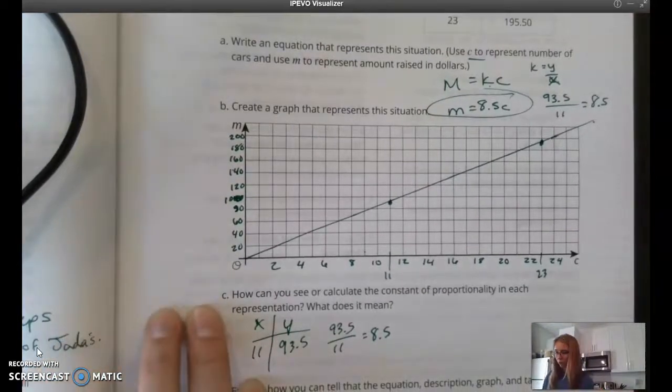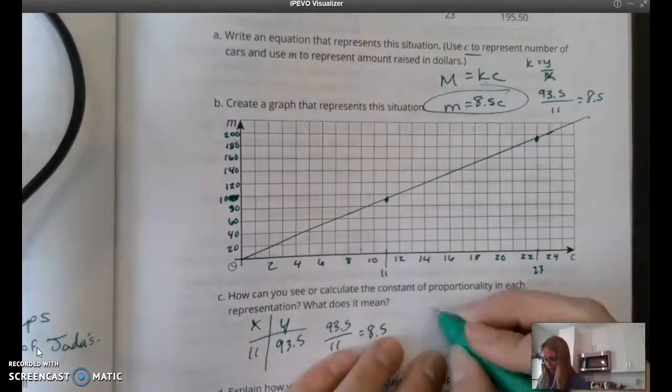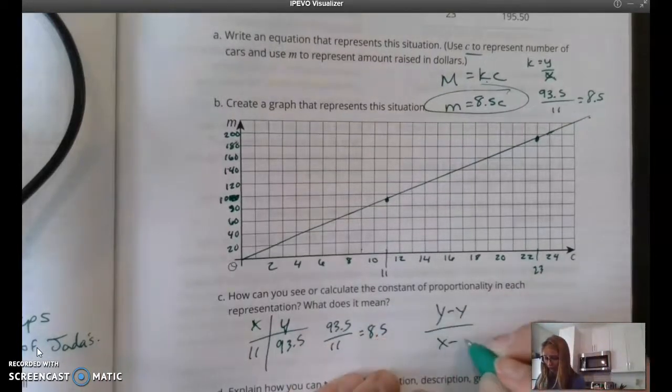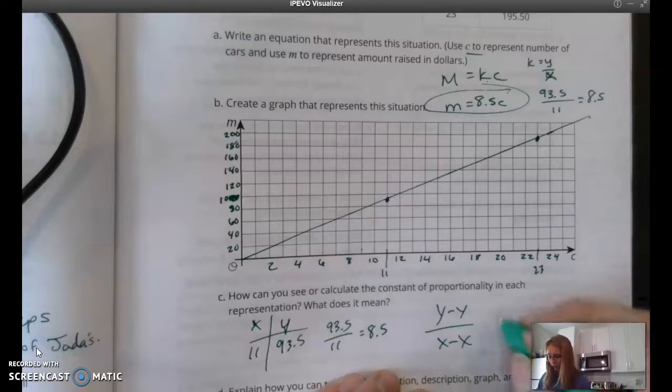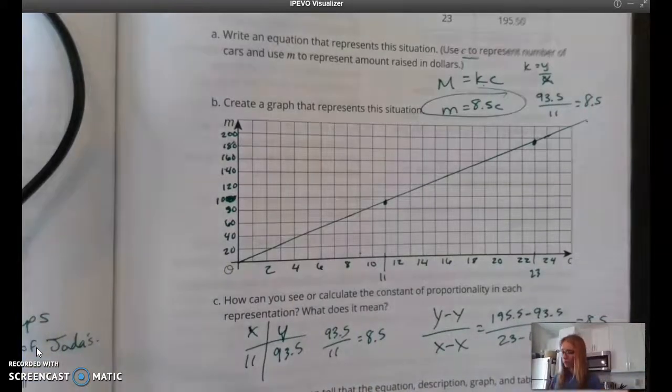Or what we could do is use our graph and use the points on there. So we could take y minus y over x minus x. And if we do that, we have 195.5 minus 93.5 over 23 minus 11, and there's our k value.